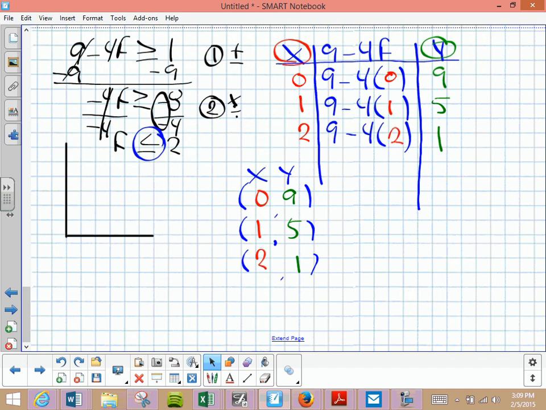Why can I only use this? Why is it okay to use only this? They're all positives in this quadrant, right? When you do this, these are all positive, right? These are positives and negatives.